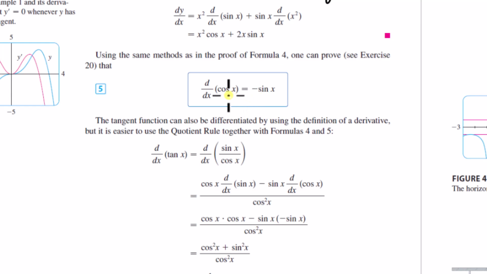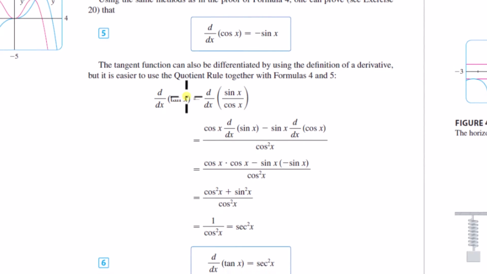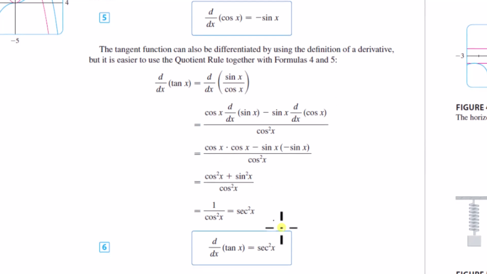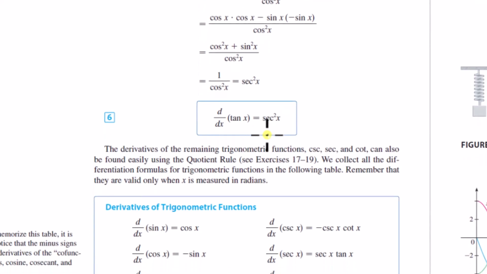And so now with the derivative of sine of x and cosine of x, we can get the derivative of tangent x by putting tangent in the form of sine of x over cosine of x and using the quotient rule, right? The derivative of the top times the bottom minus the derivative of the bottom times the top, all over the bottom squared. And that's what they do, and get that the derivative of tangent of x is equal to secant squared of x.